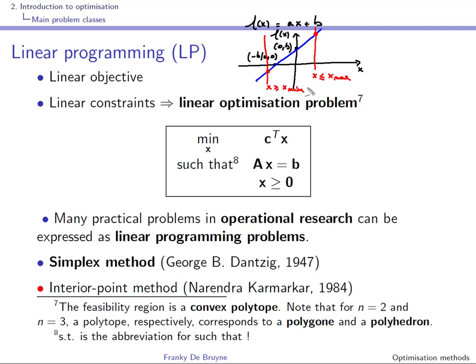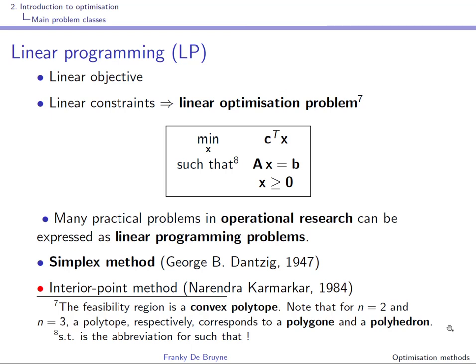In this very simple linear program, you can see that the solution is always an extreme point or a vertex of the feasible region, and this will generalize to more complicated linear programs.